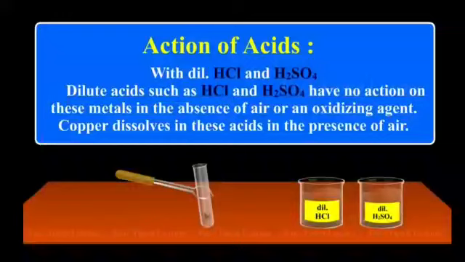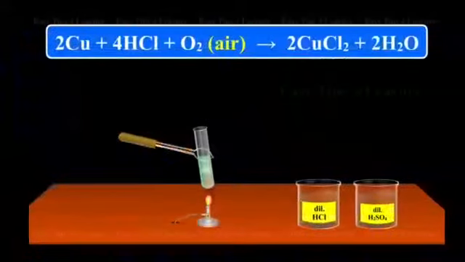Action of acids. With dilute hydrochloric acid and sulfuric acid, no reaction will take place in the absence of air. But in the presence of air, copper gets dissolved in these acids. With dilute HCl, the equation is copper Cu plus hydrochloric acid HCl plus oxygen O2 gives copper chloride CuCl2 plus water H2O.